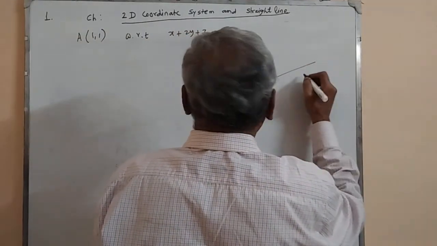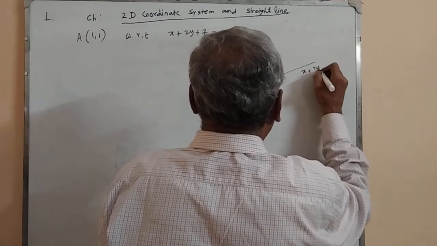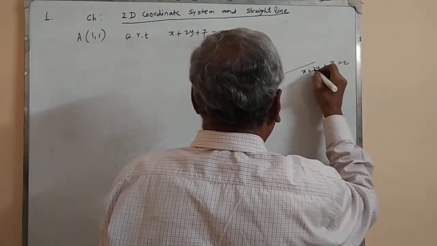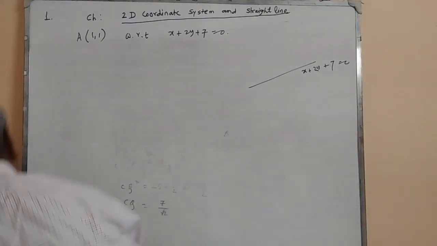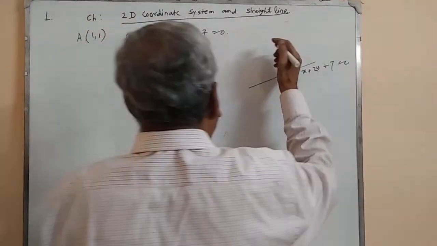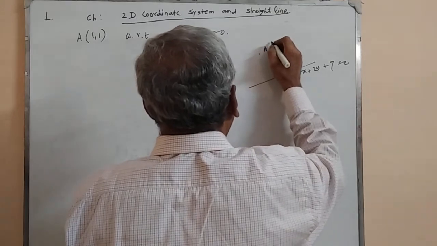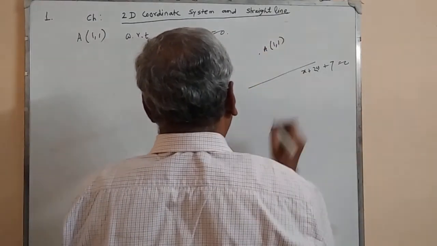Say this is x plus 2y plus 7 is equal to 0. A is that point, say 1 comma 1.